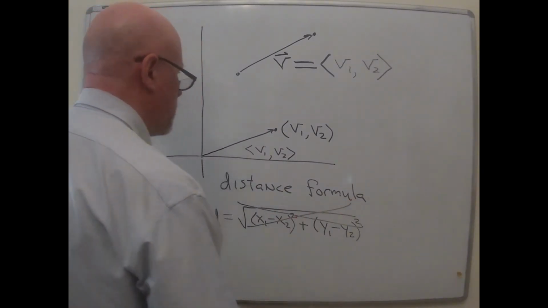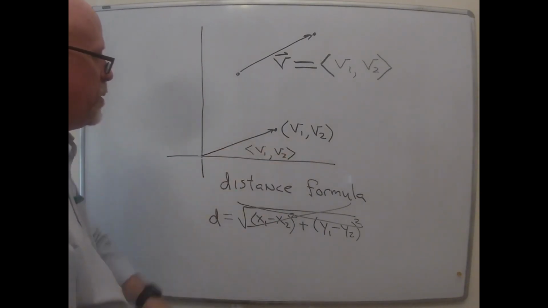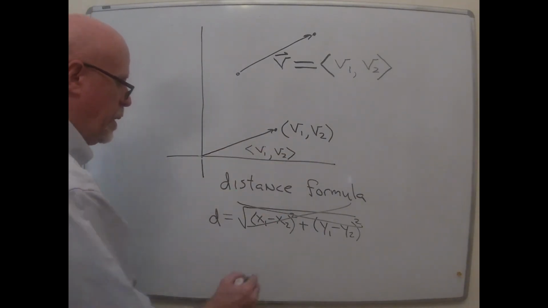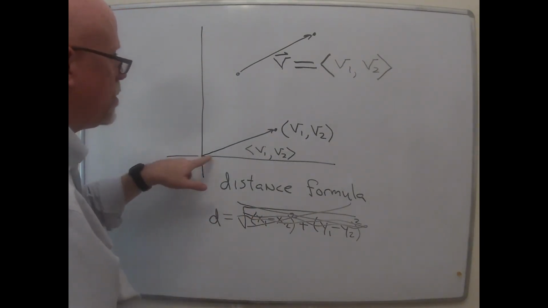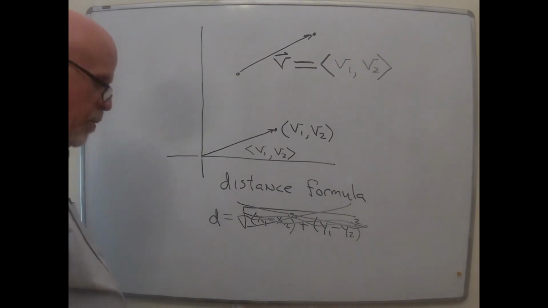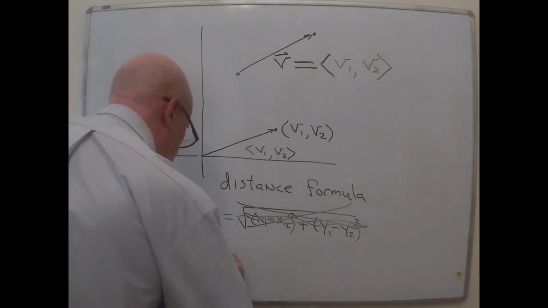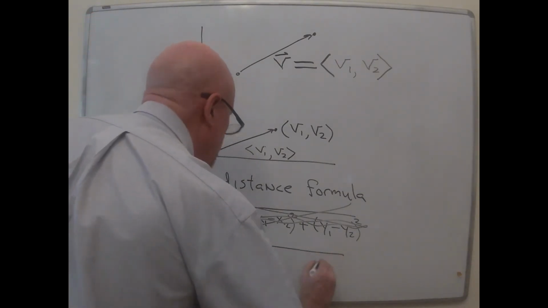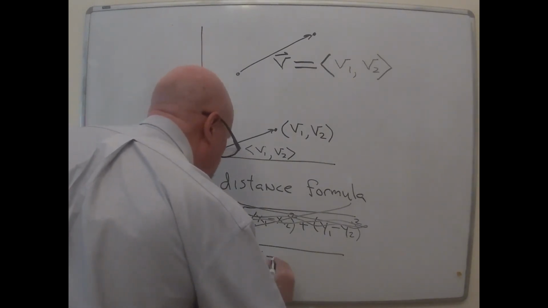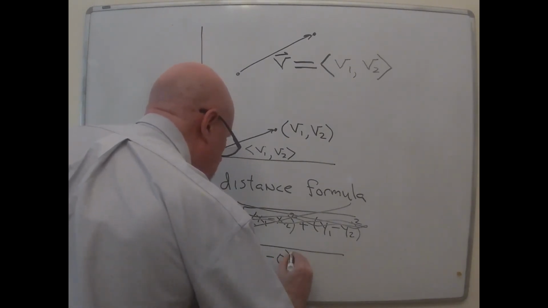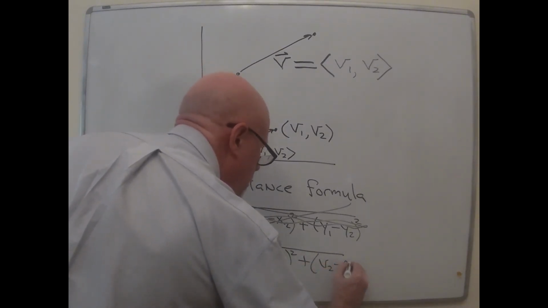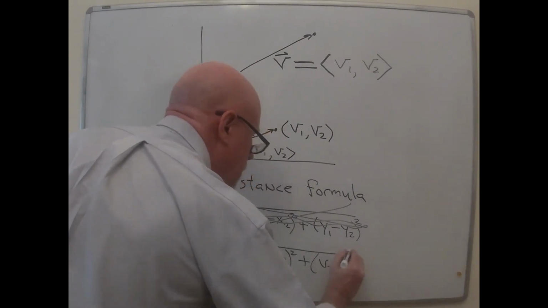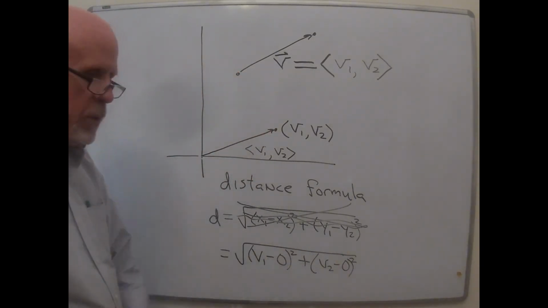This one has the subscripts referring to the points. This one has the subscripts referring to the first and second position. So don't worry about the distance formula. Just scribble that out. How far apart are 0, 0 and v1, v2? That would be the square root of v1 minus 0 squared plus v2 minus 0 squared. And that's kind of dumb to write minus 0 on both of those. So it's the square root of the sum of the squares of the components.